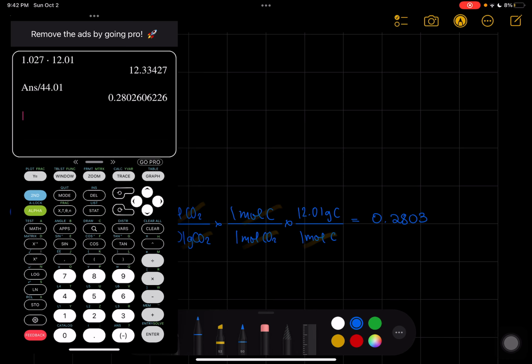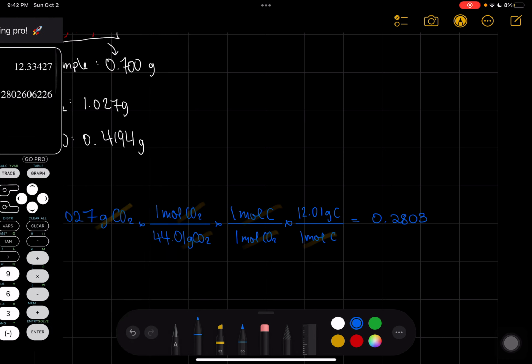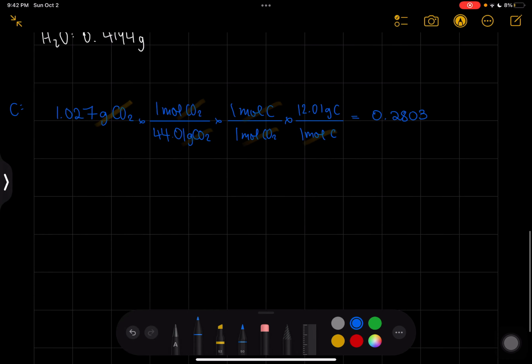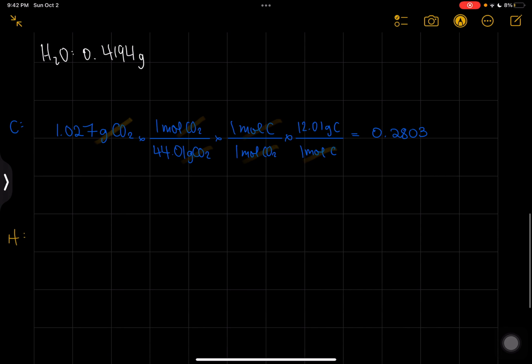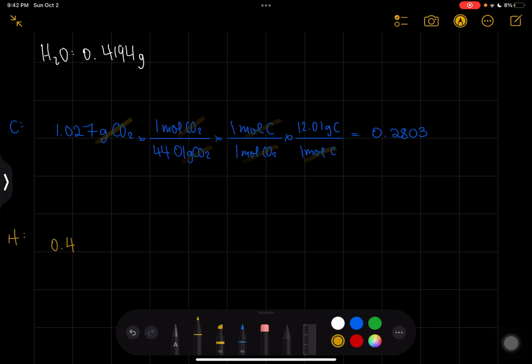All right. So now that we've got our carbon down, we're going to move to our hydrogen, which I'm going to do in yellow. So to find our hydrogen, we're going to do the same thing. We're trying to find the mass of H. So we have 18.02 grams of H2O.